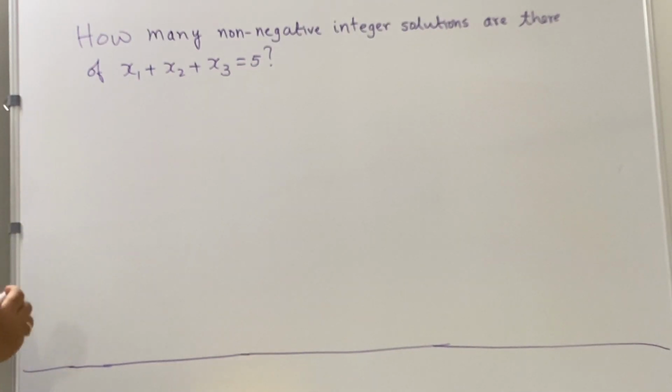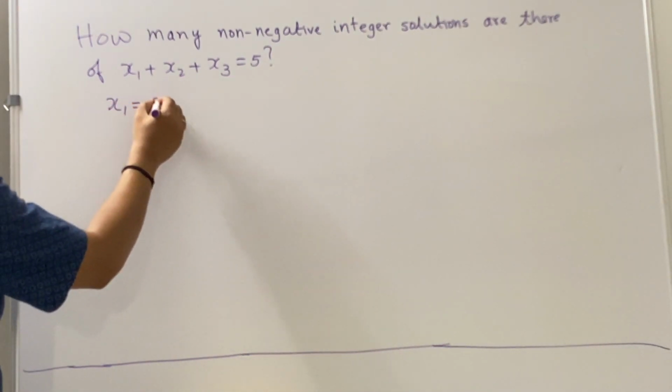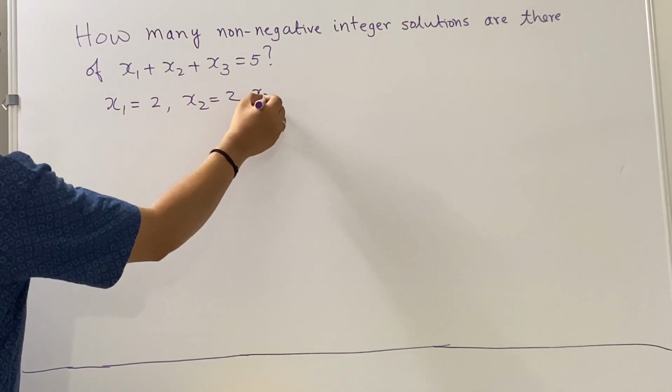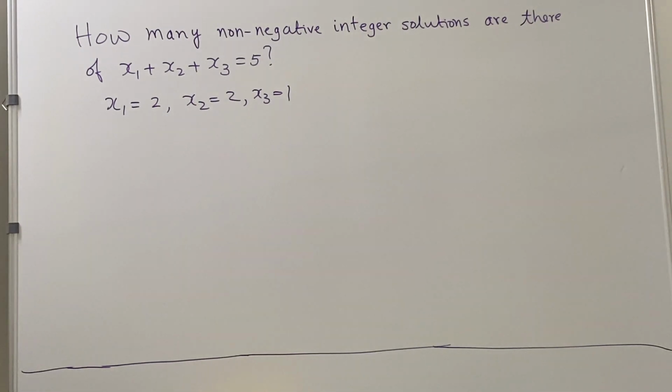Now let us observe that if we look at x1 equal to 2, x2 equal to 2 and x3 equal to 1, then these three values satisfy the equation x1 plus x2 plus x3 equal to 5.